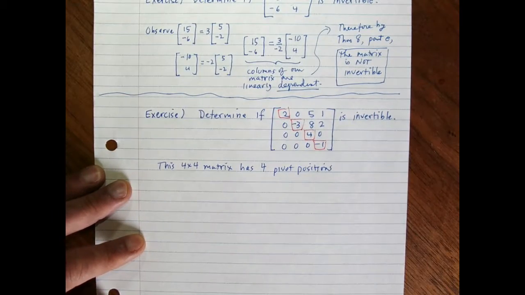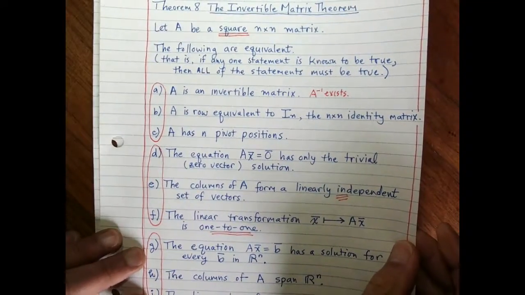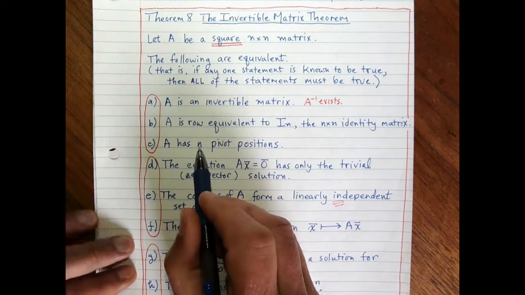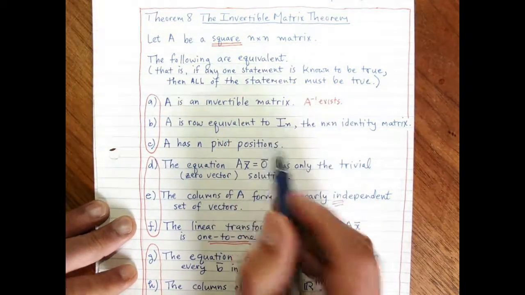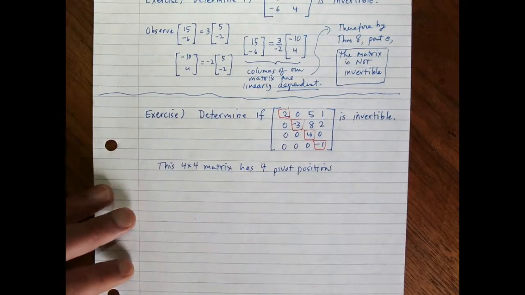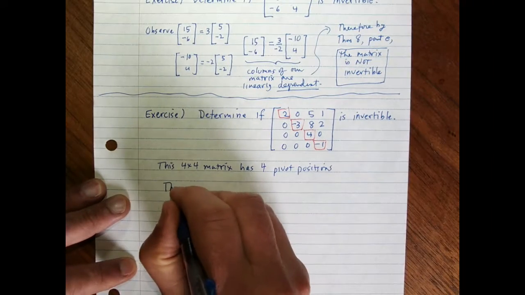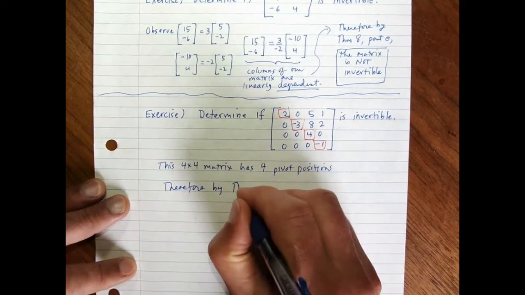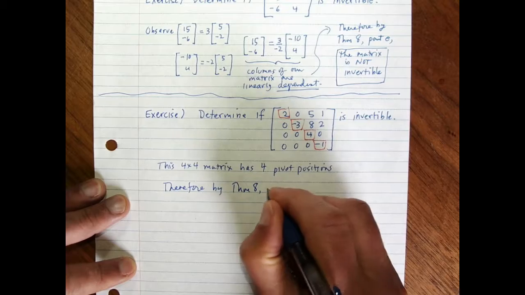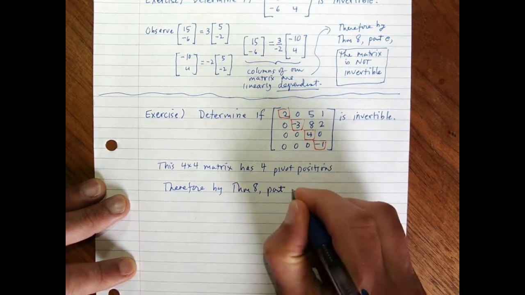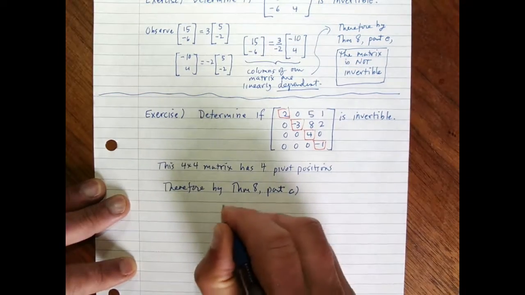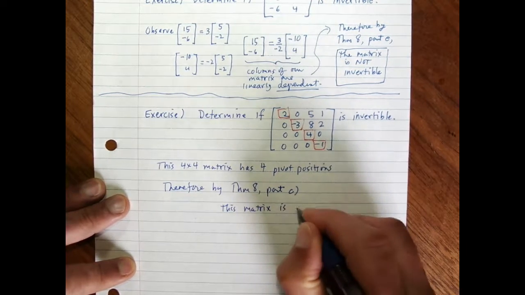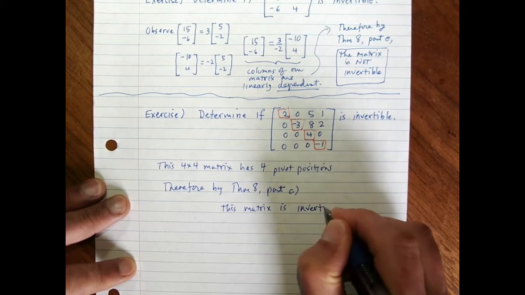Well, back to our theorem. Part C says that if we have n pivot positions in an n by n matrix, it's invertible. The inverse exists. So we can say, therefore, by Theorem 8, part C, this matrix is invertible.